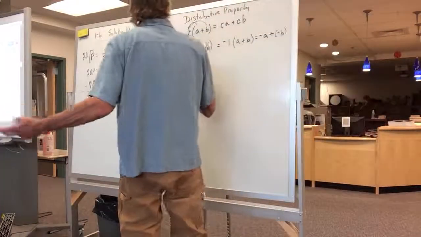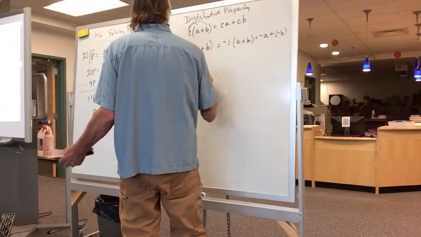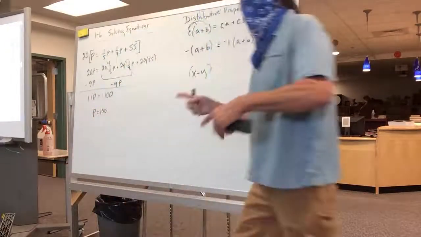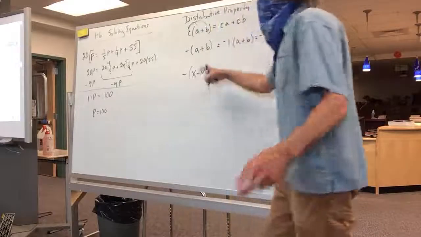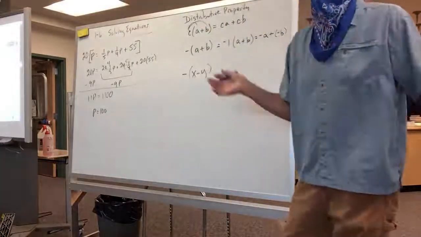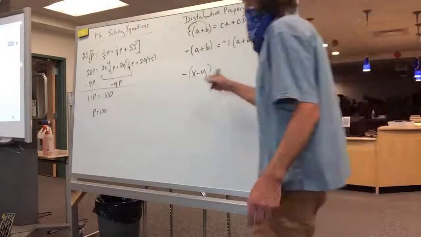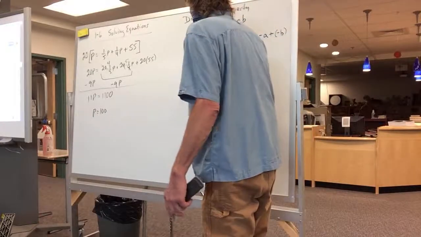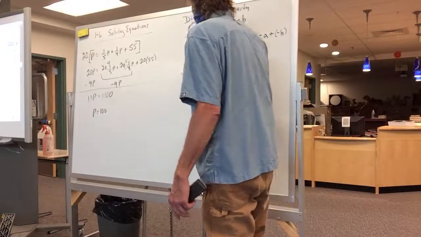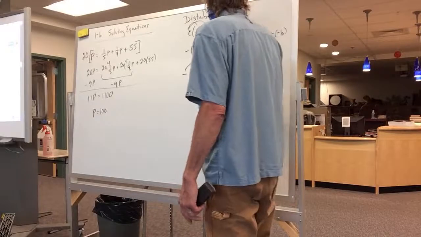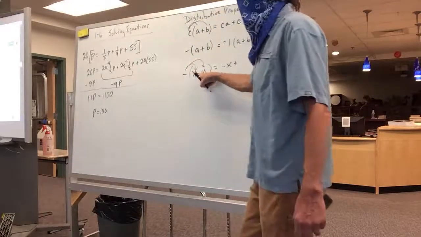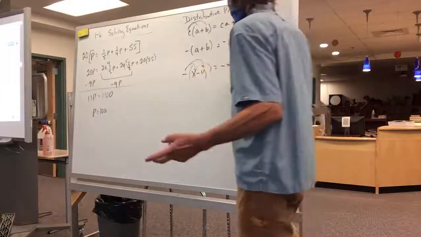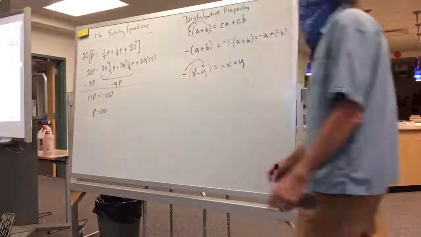So if you had something like x minus y, and you wanted to take the opposite of that value because you see that's being subtracted, for example, in some equation, this is going to turn into a negative times the x plus a negative times a negative y, which is a positive. So this is what it does.